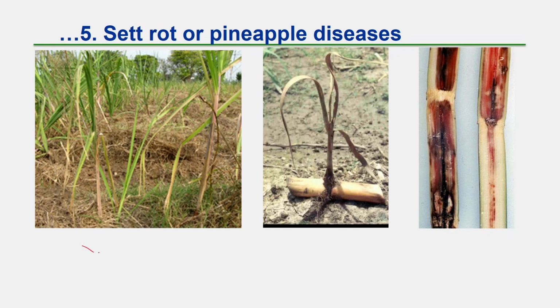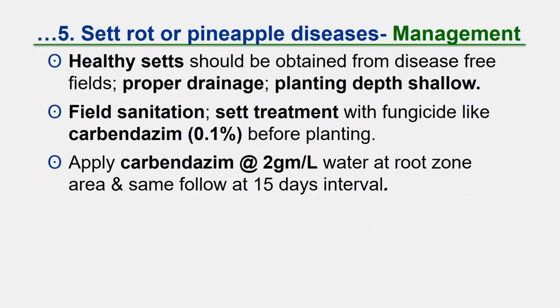Now you can see the affected plants, their growth is severely reduced. You can see there is no tillering, and see how the sett is drying, and these are the symptoms when you break open longitudinally. Healthy setts should be obtained from a disease-free field.